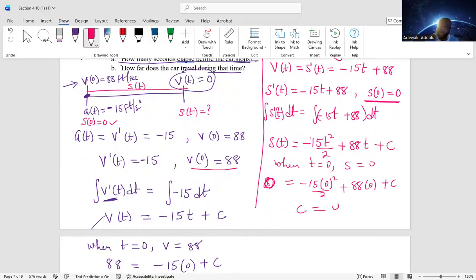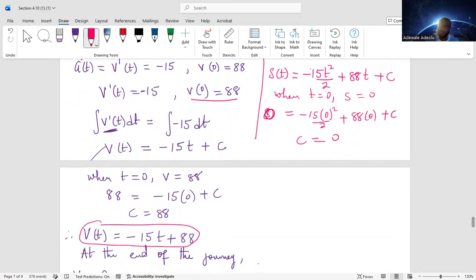And our c is 0. So the function s of t is negative 15t squared over 2 plus 88t.